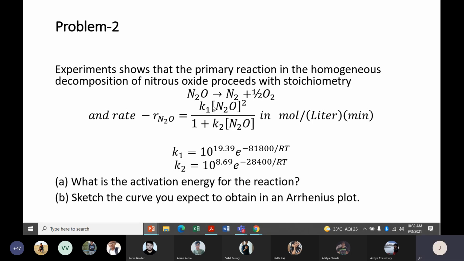In the previous derivation we found this expression. But the values of K1, K2 are experimentally calculated to be of Arrhenius type rate expression. What is the actual activation energy for the reaction? And sketch the curve you expect to obtain in an Arrhenius plot.